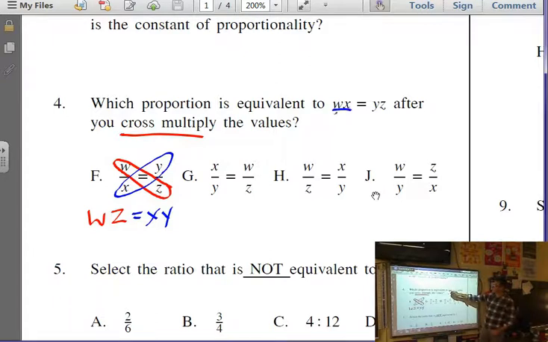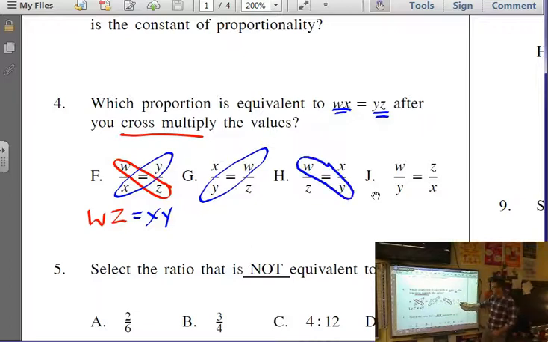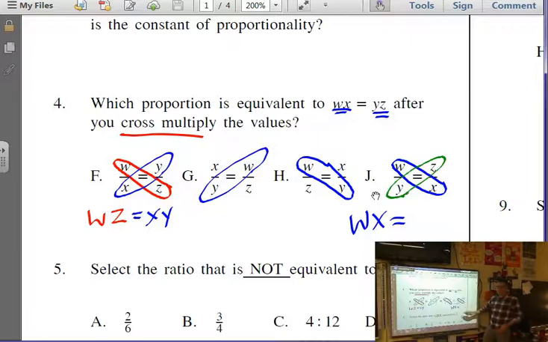We're looking for wx equal to yz. So look for where does w multiply by x. It doesn't happen there. Here w multiplies by y. Here we get wx equal to my other cross multiplication of yz. And that makes J your correct answer there.